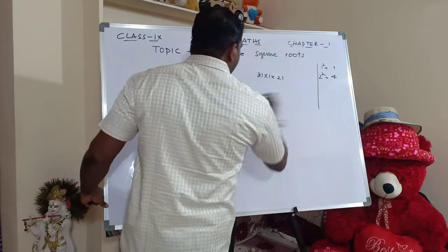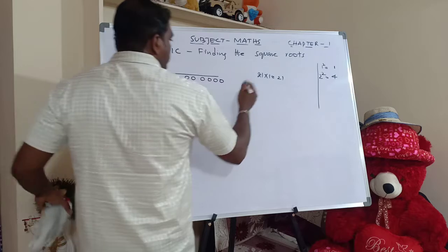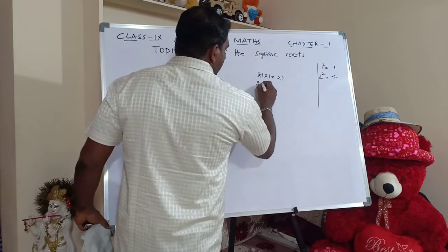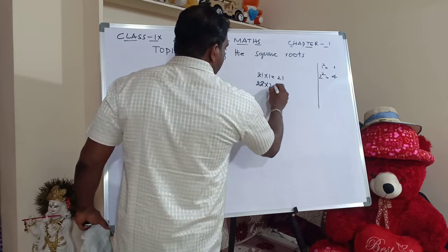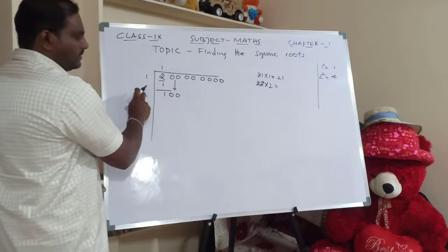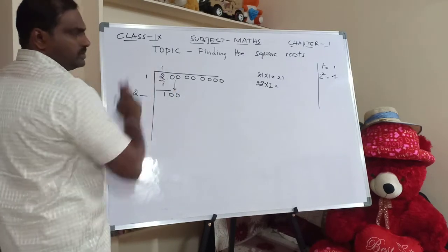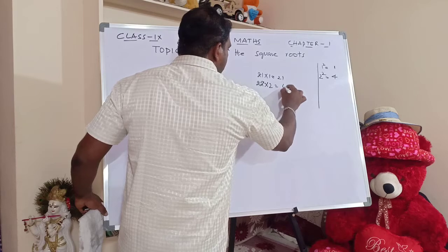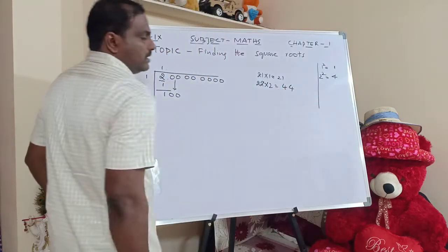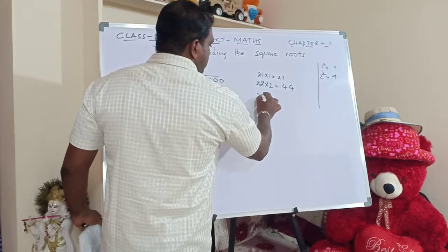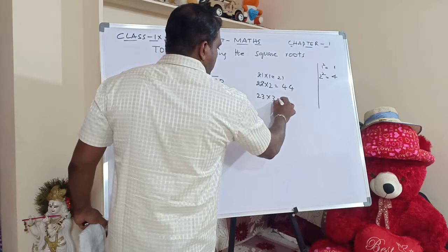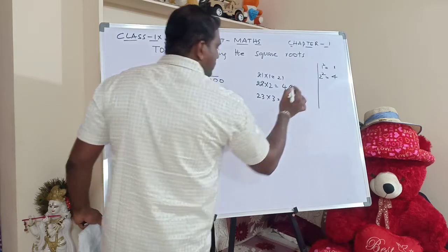Now 22 into 2. That means if I write 2 here, I should multiply with 2 only. 22 twos, 44. Next 23 threes. How much will I get? 69.